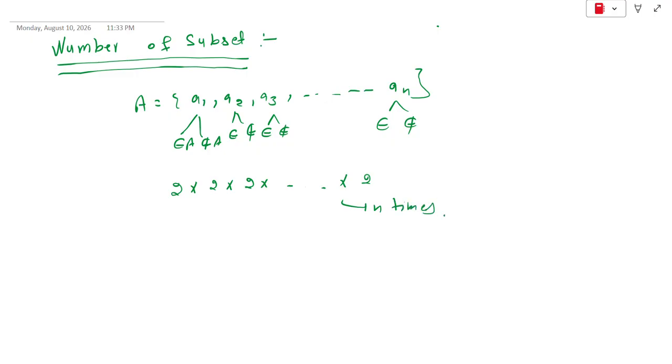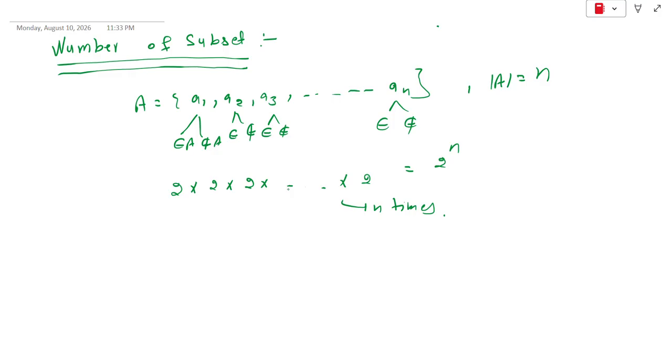because we know that the total elements in the set, cardinality of A, the number of distinct elements in the set {1, 2, 3, up to n}, so the number of distinct elements is n. So we arrive at the formula for the number of subsets. How many times does 2 appear? n times. So 2 to the power n is the number of subsets. There are n elements.